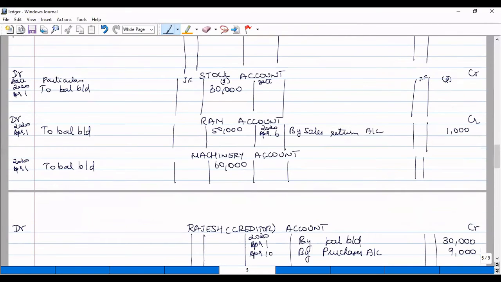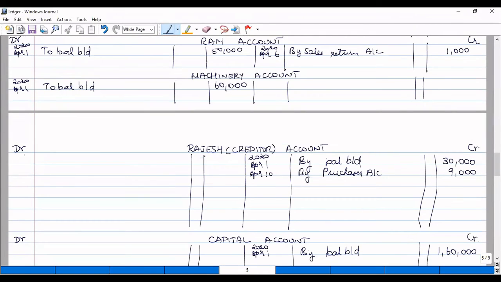So Rajesh account, on the debit side, we have to post this transaction on April 20th. We have paid, isn't it? So to cash account, how much is paid? 38,600 is paid. And what happened to the rest of the 400 rupees? It is the discount received.